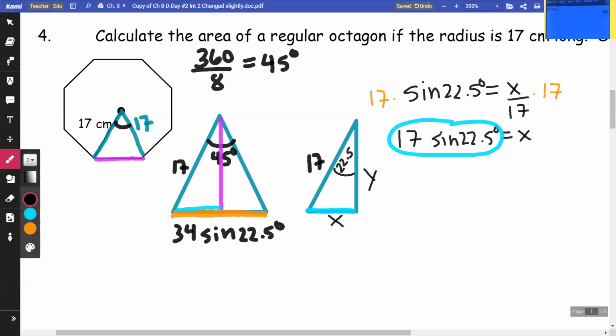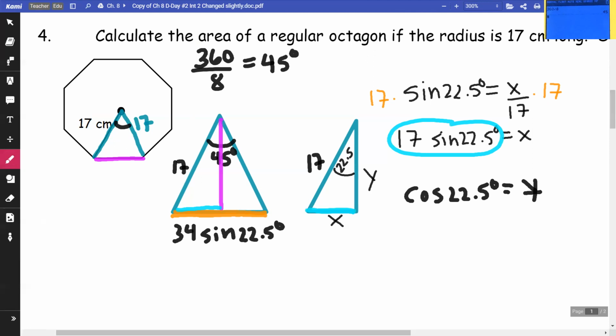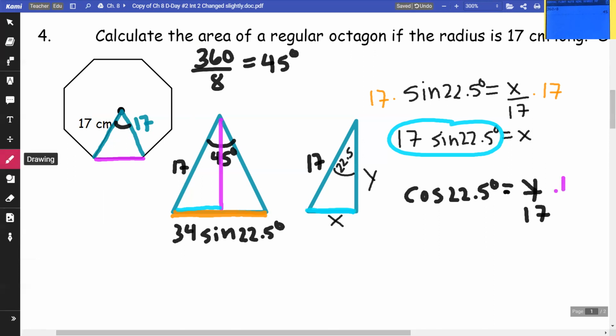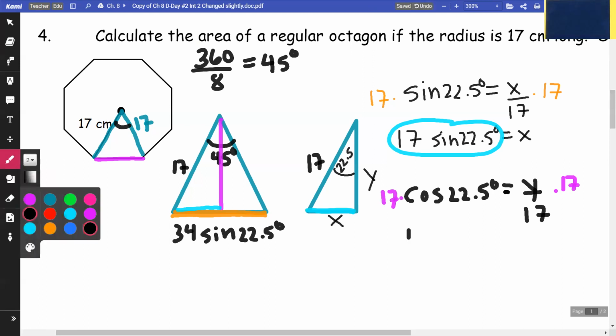Now to find my y, I am going to use cosine this time. So cosine of 22.5 degrees equals adjacent over hypotenuse. I am going to multiply both sides by 17, and I'm going to get 17 cosine of 22.5 degrees is my y. So this distance right here is this.